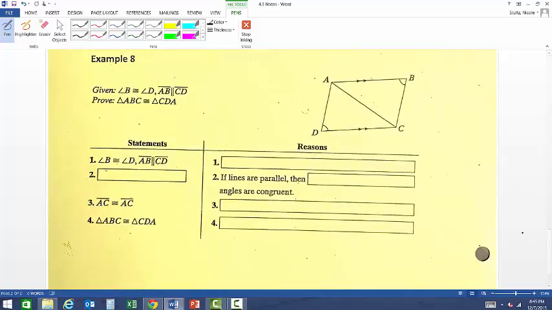All right, number 8 is just a fill in the blank proof. So we have 2 givens. They've already marked it in the picture for us. So we just fill in the reason. Go ahead and write given. Again, with these parallel lines, we've got to be very careful.